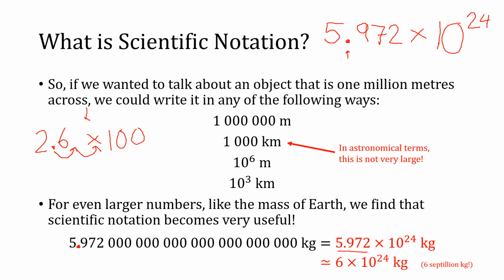And if there's no digit there, then you write in a 0. Things like that. So I'll write that a little bit more cleanly. So we started with 2.6, and if we multiply that by 10, then it becomes 26. Right? So what we've effectively done is we've taken this decimal point and we've chucked it over one spot to the right.